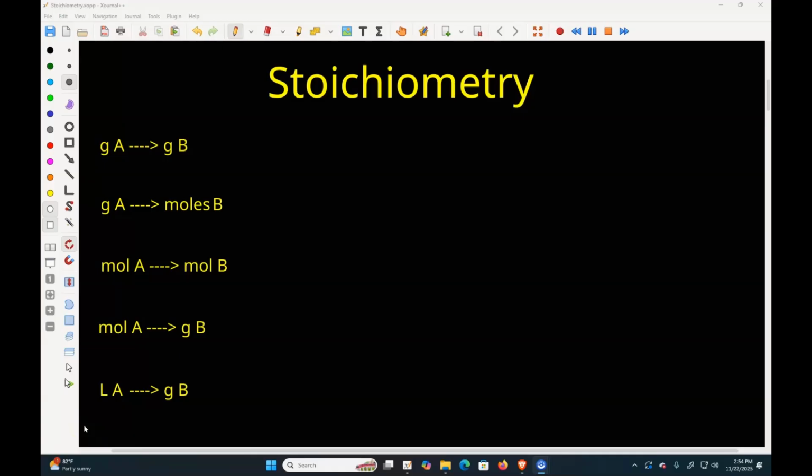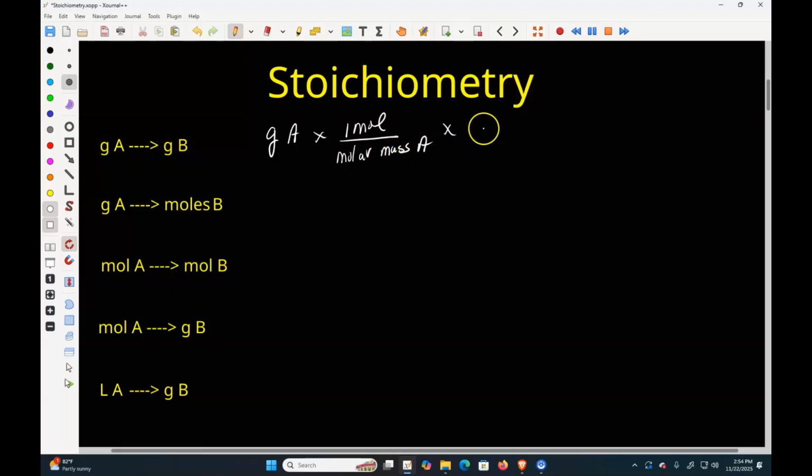Before we start working problems, let's get a little background behind us. If I have grams of substance A and I want grams of substance B, what I will do is take my grams of A, multiply it times 1 mole over the molar mass of A, times the moles of B divided by my moles of A. I call this the ratio step.